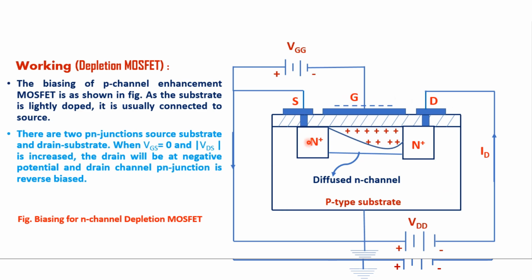The channel becomes wedge shaped, and thus when drain to source voltage is increased, the drain current also increases, and at a certain value of drain to source voltage, the drain current becomes almost constant. This value of drain to source voltage is called the pinch off voltage. So beyond pinch off voltage, a saturation region for the drain current is obtained. So this is how the depletion MOSFET works.